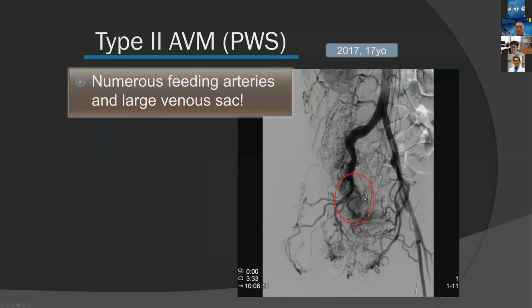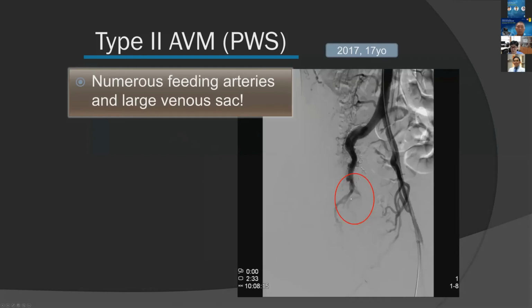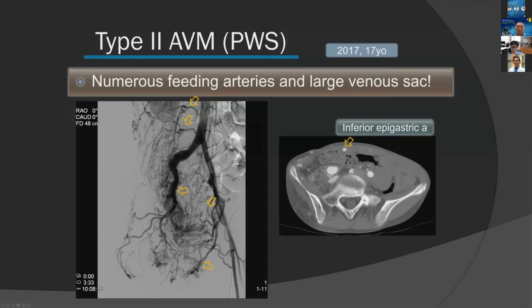At that time, this was a type 2 AVM, with numerous feeding arteries: multiple lumbar, internal iliac, contralateral internal iliac and scrotal branches, and the inferior epigastric artery also was a feeder.